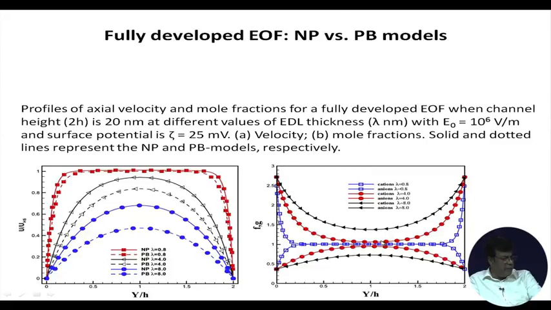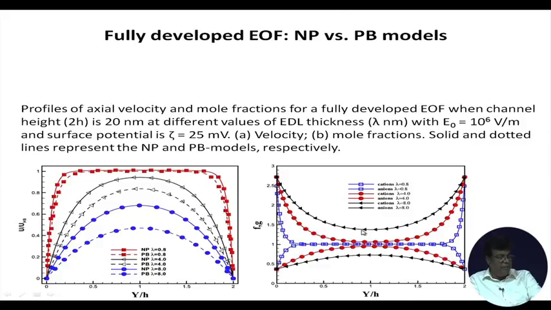Another thing, as we discussed a few slides back, is that core neutrality is not established when lambda is large. For lambda equal to 8 nanometer, the G and F profiles are given by these two curves.